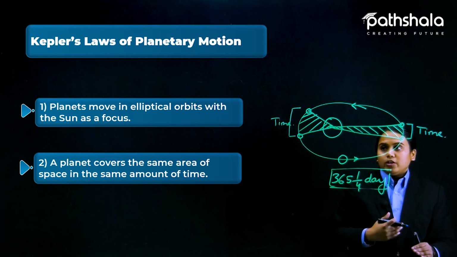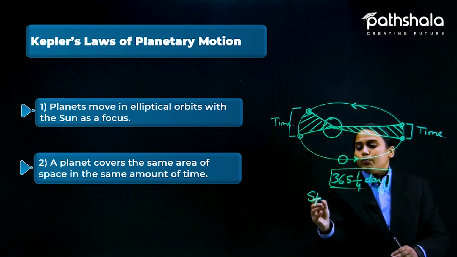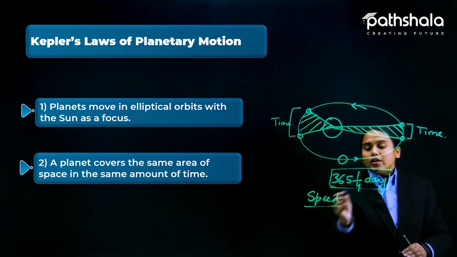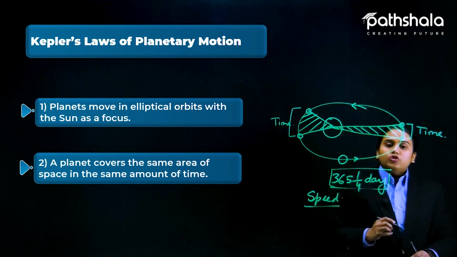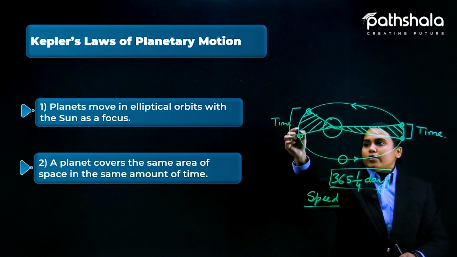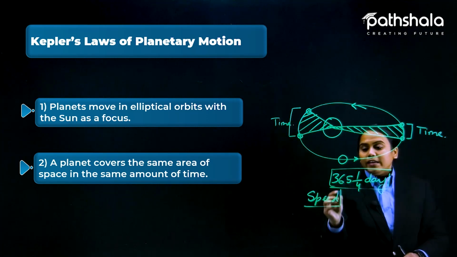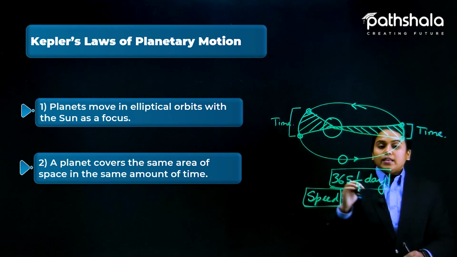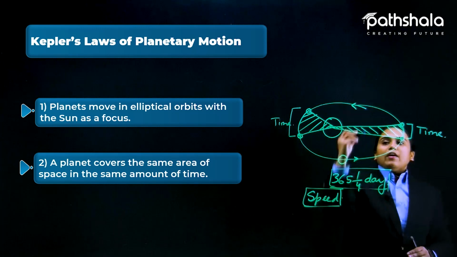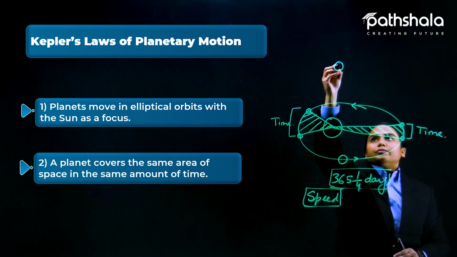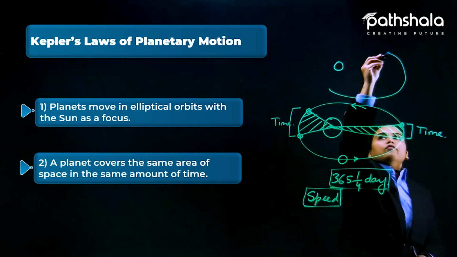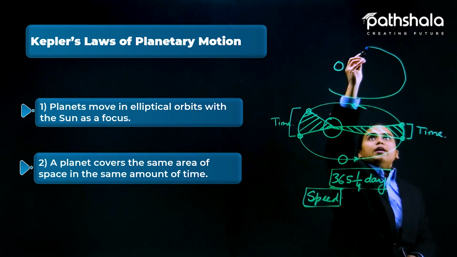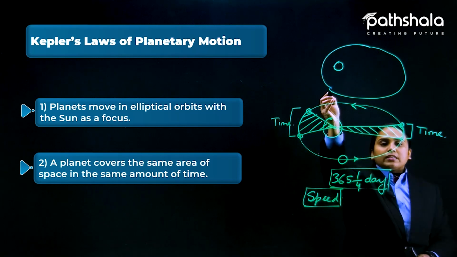Then what is changing? Here, students, the speed of the revolution of the earth, shifting from here to here, is changing, and the shifting from here to here is changing. The speed of the earth is changing. It goes like this: when it is far from the sun, it is moving slowly, and when it is coming close, now it is about to come near, it will move very fast.